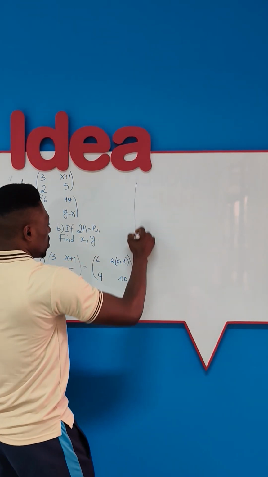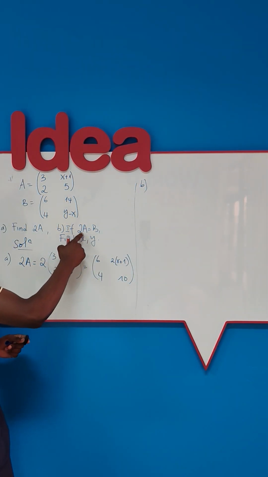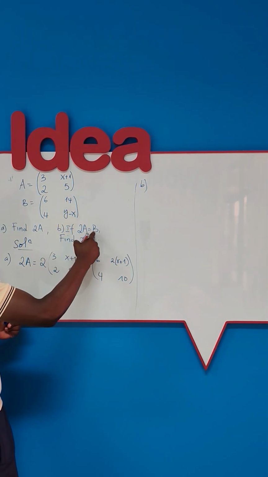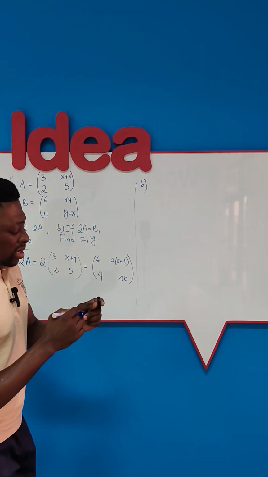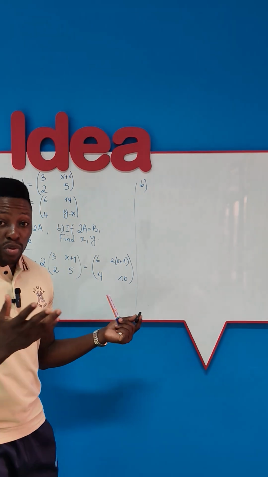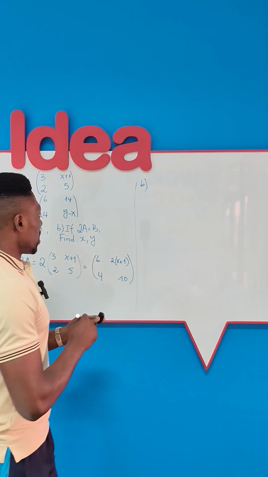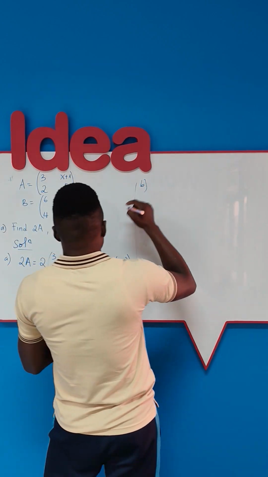Now the next question, which is B, they say, if this 2A which we just had is equal to B, then find the value of x and y. Now, this second question brings to mind the application of the equality between two matrices. Let me start by writing what 2A is.